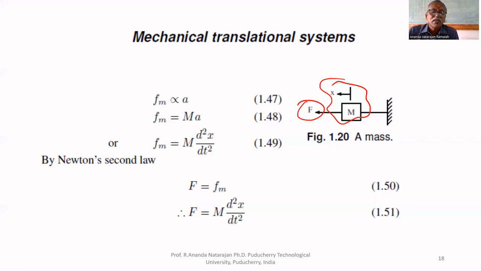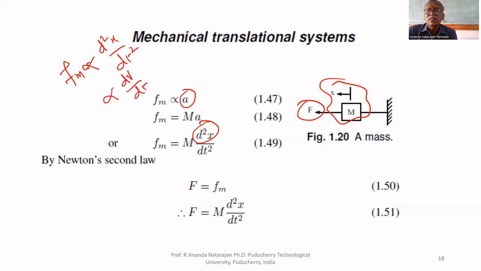We can say that the reaction force Fm is proportional to d square x by dt square, the second derivative of displacement, or proportional to dv by dt of velocity, or simply proportional to acceleration.